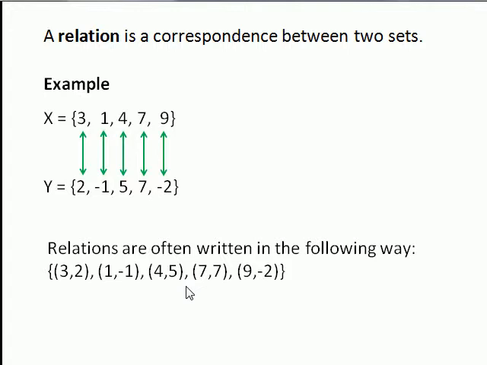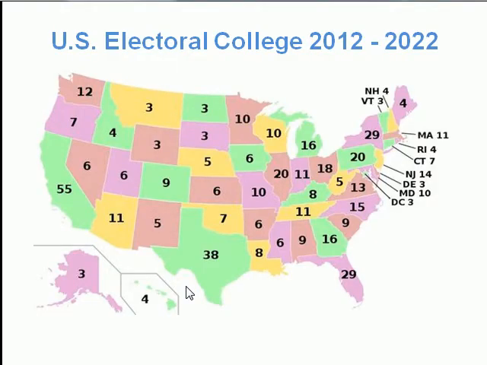So does this actually happen in the real world? Well, yes, it does. We talk about this stuff all the time. We just don't talk about it in math terms, but we relate things to each other. So in this case, I have the map of the United States with the number of electoral college votes that each state has. The most common way of doing this is saying that our capital X would be the name of a state.